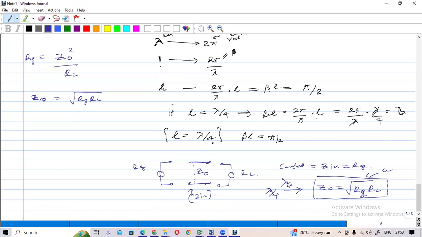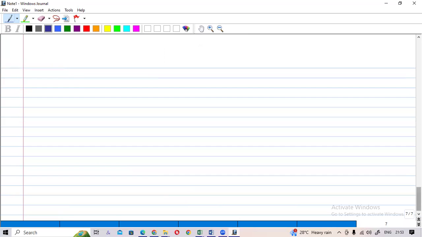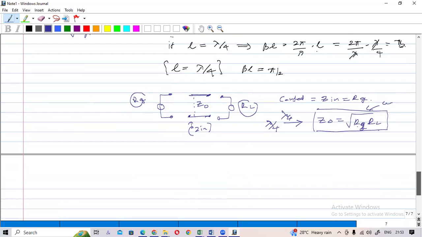What you have to do is take the square root of RG and RL. That is very important. So you have done the matching.